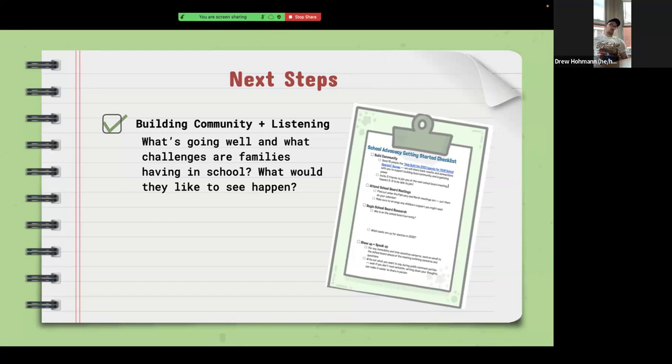Building community with those folks, maybe over coffee or beer if you drink, can really be helpful. Start taking stock of the issues and seeing what their vision is for the schools and what they want to see happen. I will say that is probably one of the most important steps of organizing. Absolutely. So we can go down to the next one.